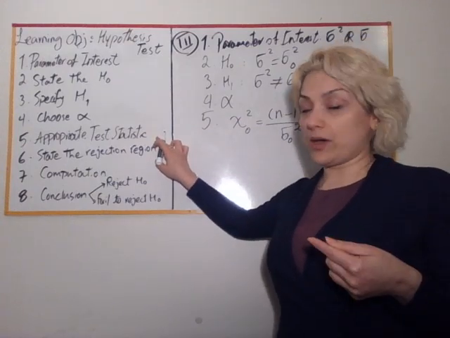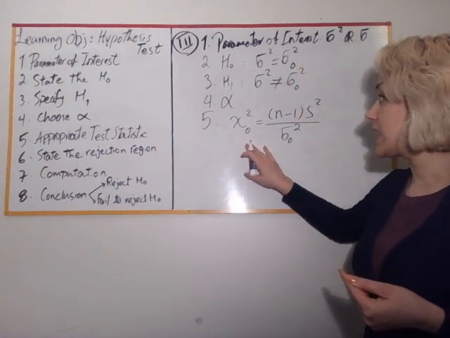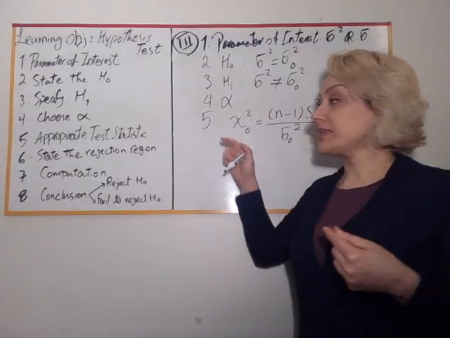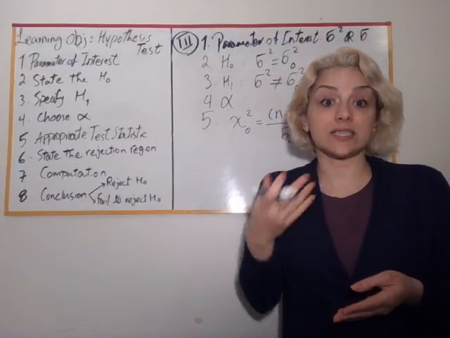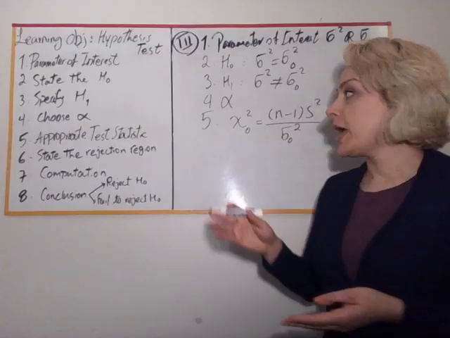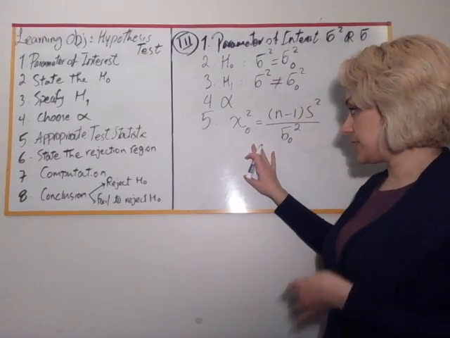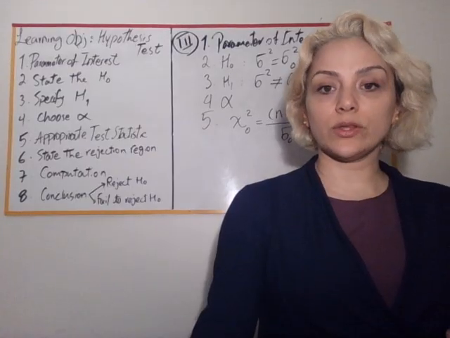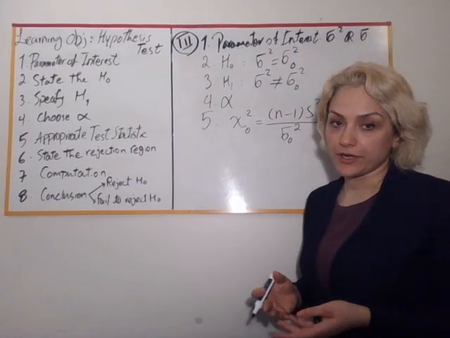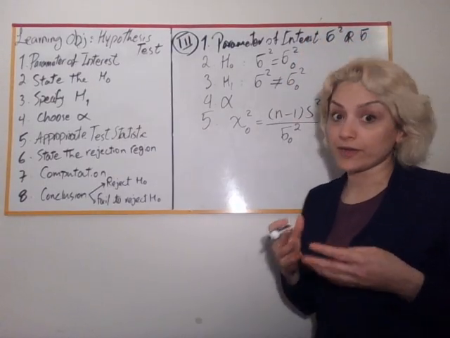When the test statistic is chi-squared, it means that for this alpha, I would need to go to the table and find the chi-square value. The next thing is to look at the rejection criteria to find the rejection region.